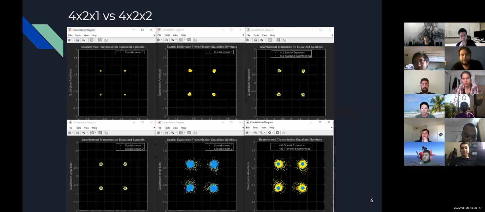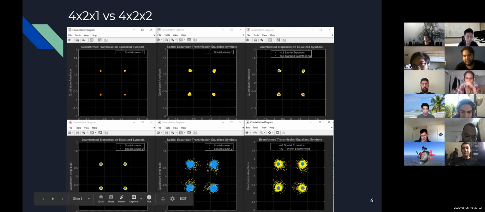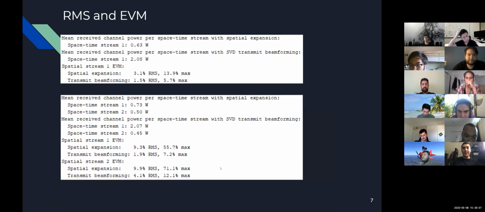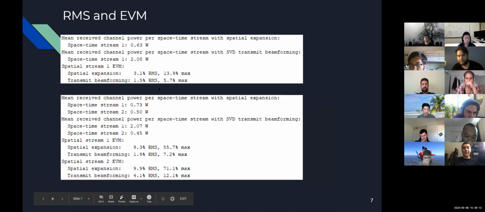And right here, I have a 4x2 versus a 4x2x2. So basically, one with one spatial stream and one with two spatial streams. You guys can see right here that the one with two spatial streams has a lot more error than the other one. Right here, we can see the SNR and also the error magnitude.